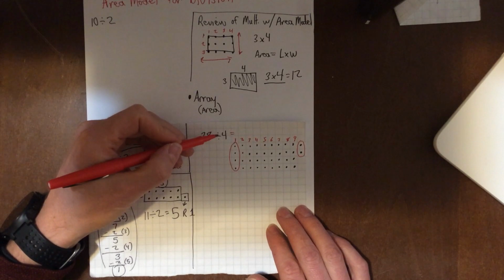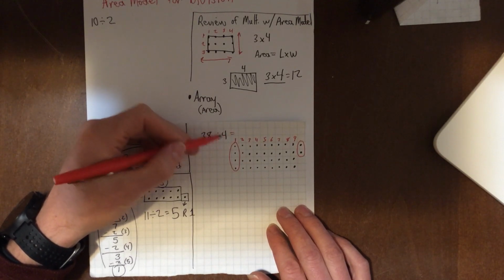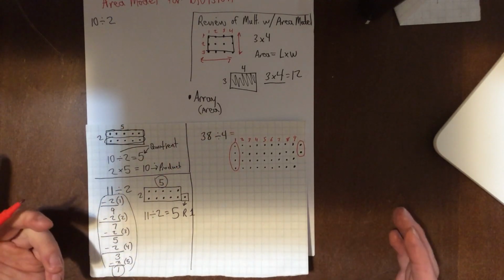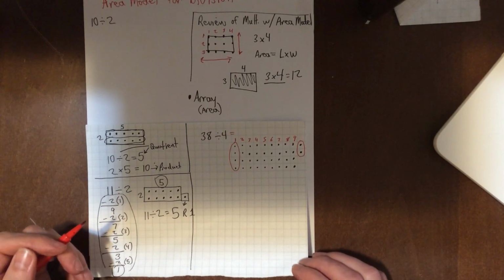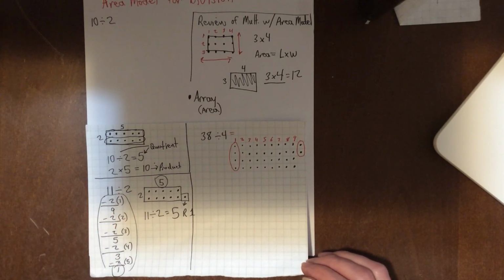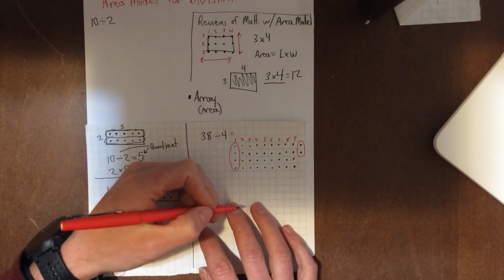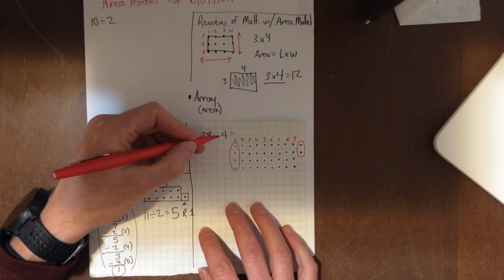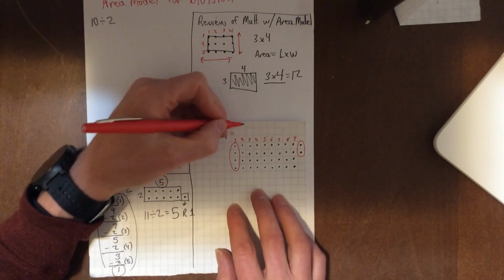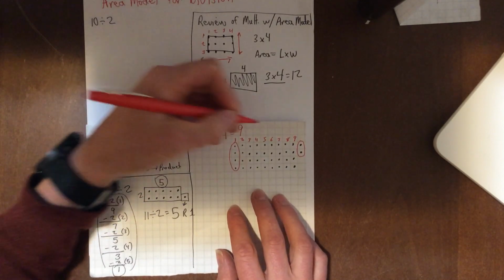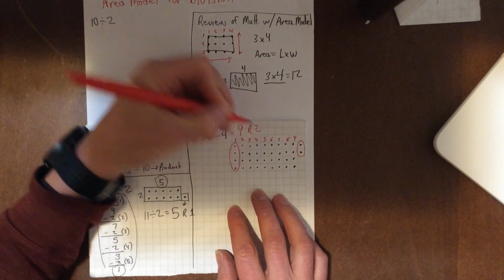I know that I need only groups of 4. I cannot have a group of 2. So we could say that 38 divided by 4 equals 9 with a remainder of 2.